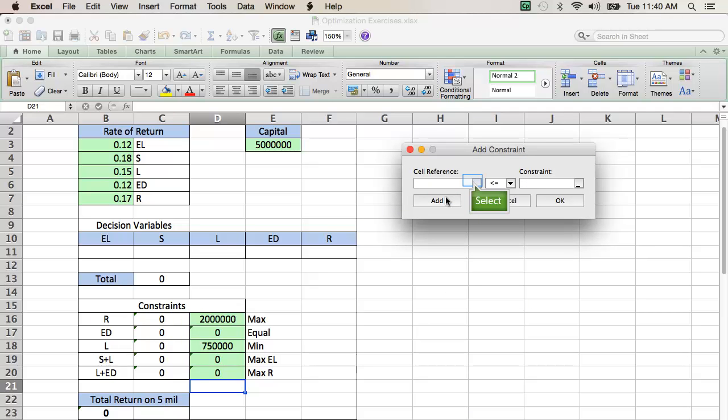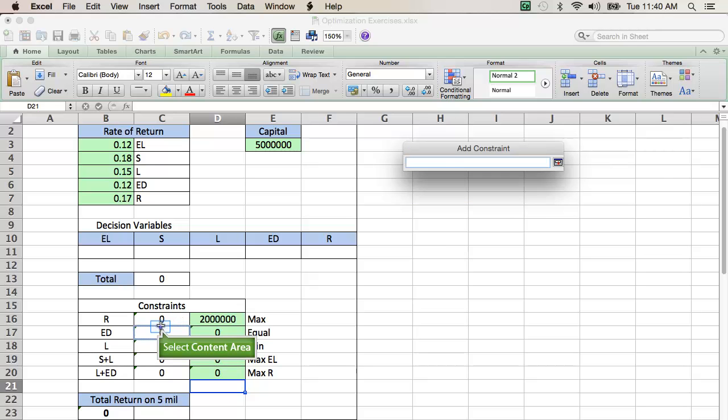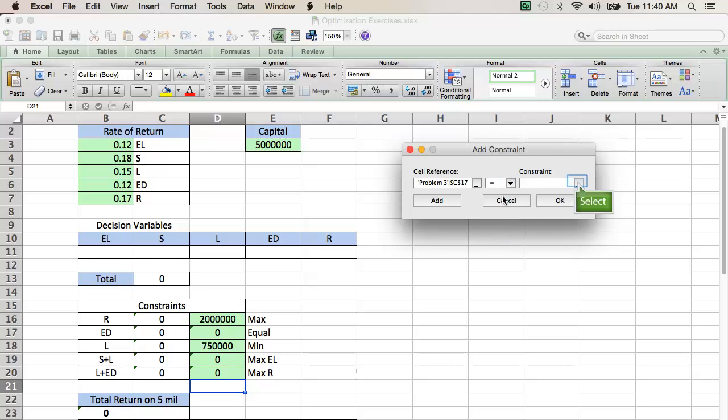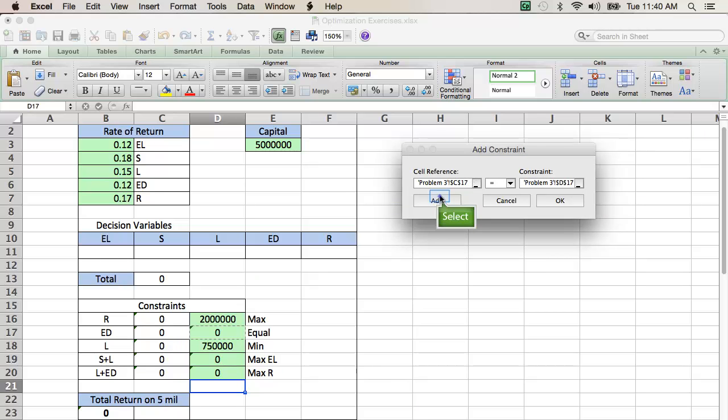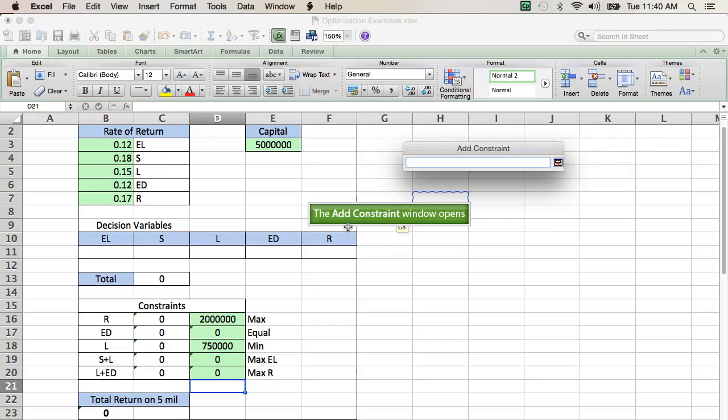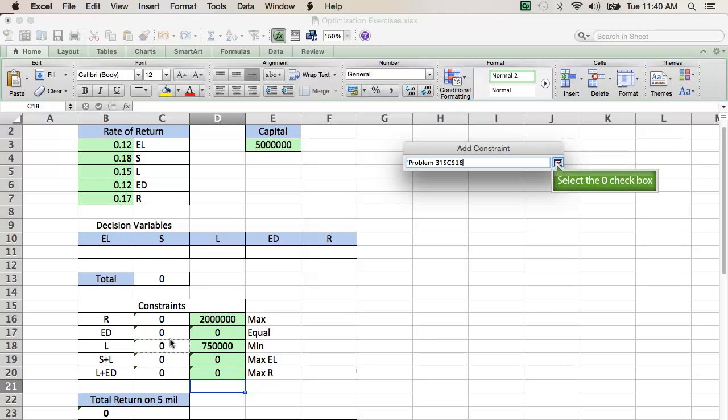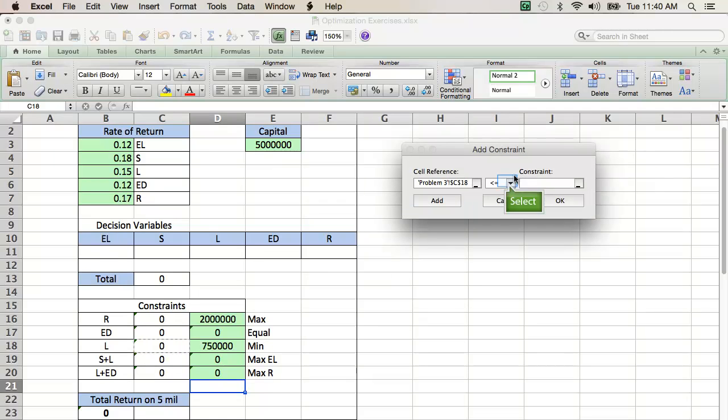The amount that we invest into education has to be equal to 26% of the other 4 market areas. The amount that we invest into logistics, which would be D11, has to be at least or greater than or equal to 15% of our total capital.